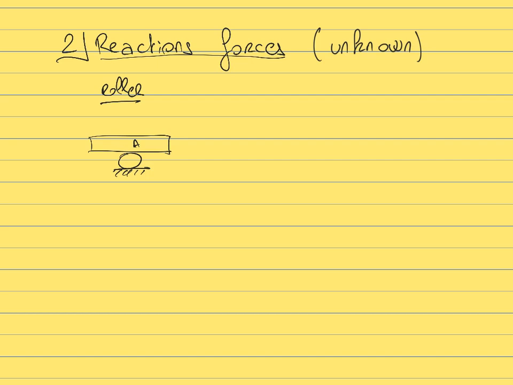Each type of support creates a given number of unknown forces with different components. To remember how many forces are created by each type of support, you need to keep in mind the degrees of freedom, the types of motion that are prevented by the support.